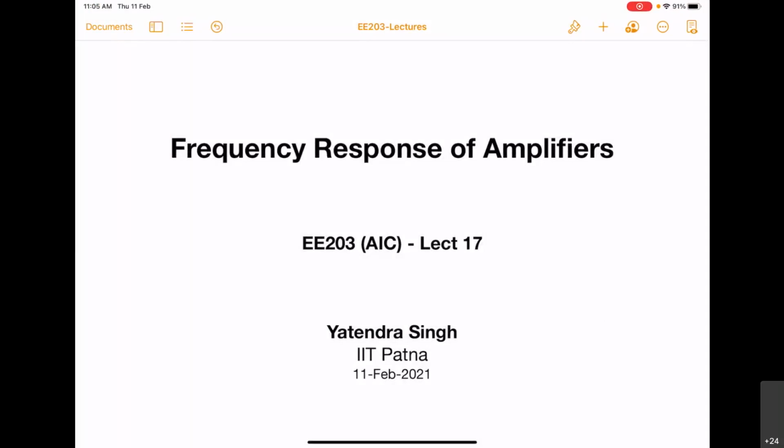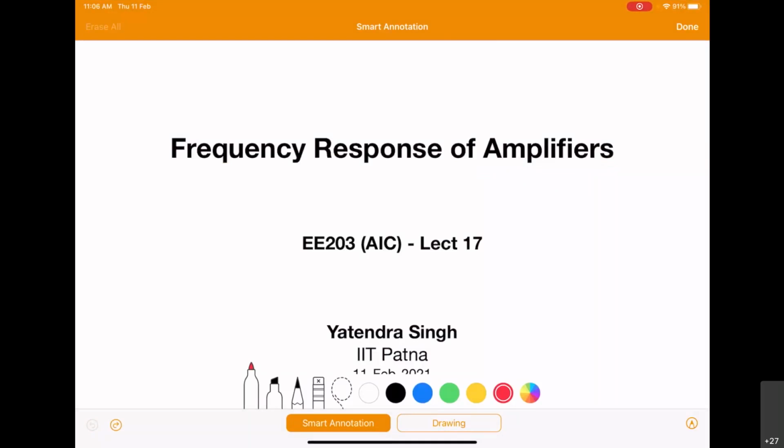So from this lecture, we are going to start a new module where we will spend a few classes. And this module again will be related with the amplifiers. So we will continue to study amplifiers, but this time we will see how the gain of the amplifier changes with the frequency.